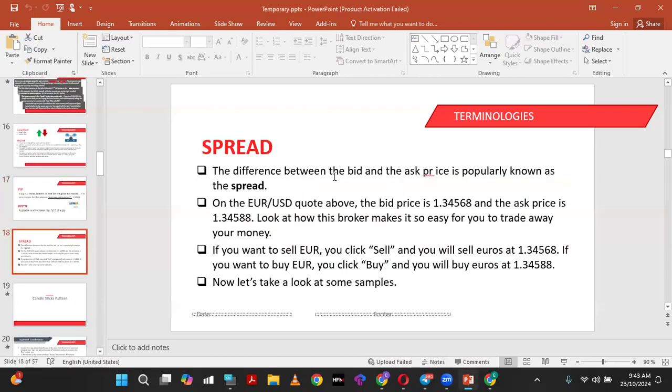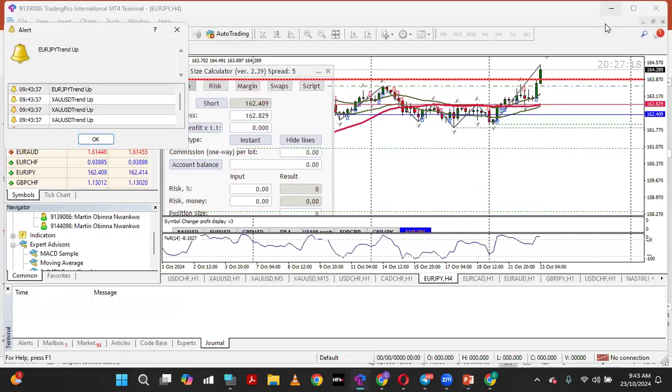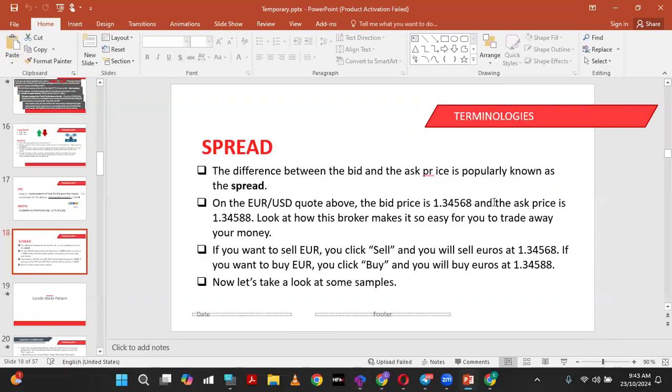The spread, the difference between the bid price and the ask price, is popularly known as the spread. On the EUR/USD quote above, the bid price is 1.3456, and the ask price is 1.3458.